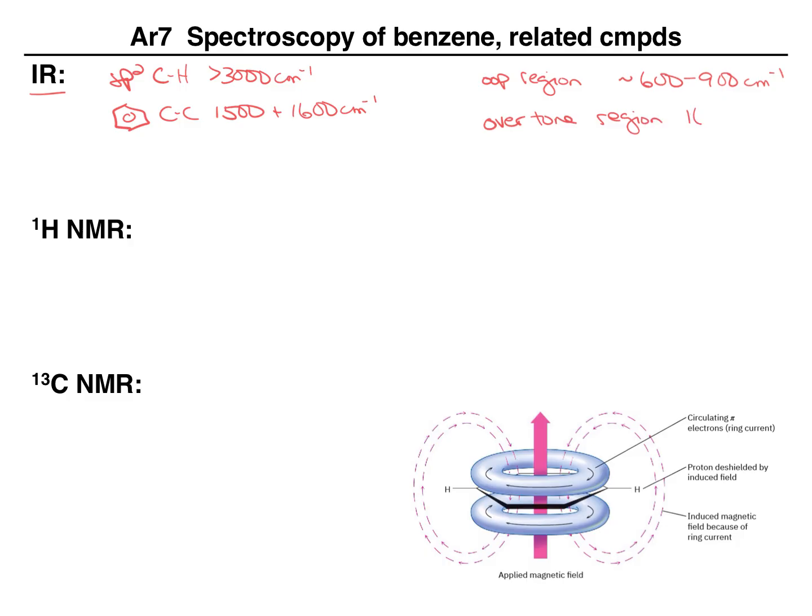This is around 1667 to 2000. So if you have a carbonyl around 1700, well, then that's going to block this and we won't be able to see anything. But if we don't have a carbonyl, there's not a lot of other things that absorb in this region. And so you might be able to see some specific patterns which correspond to specific substitution patterns.